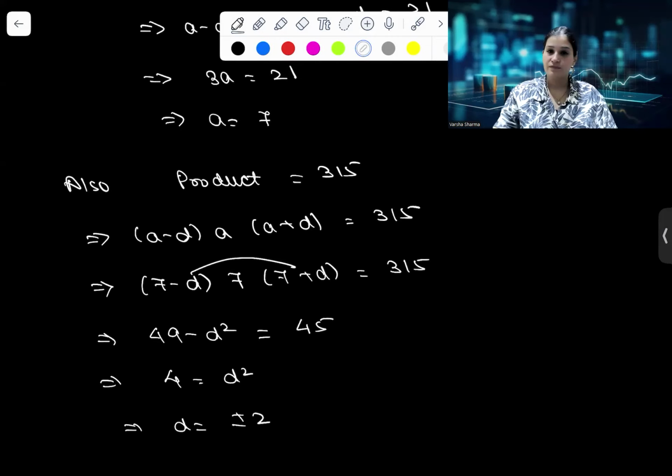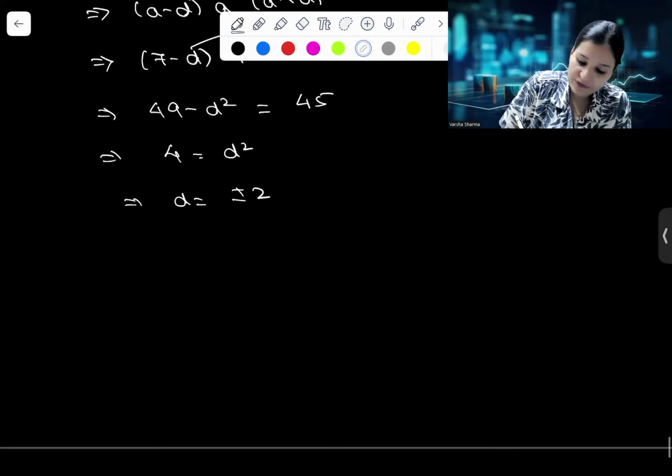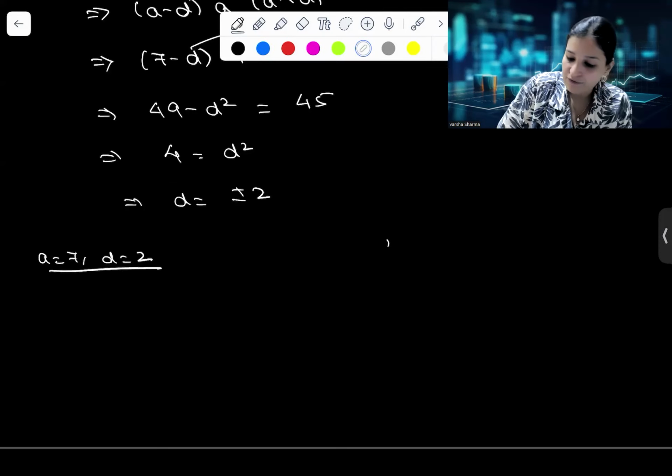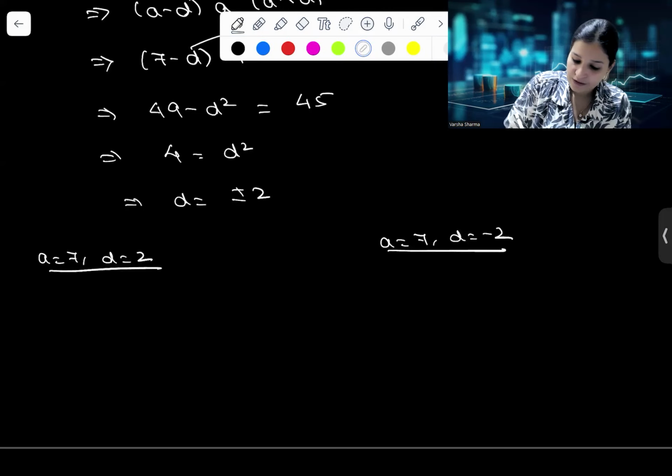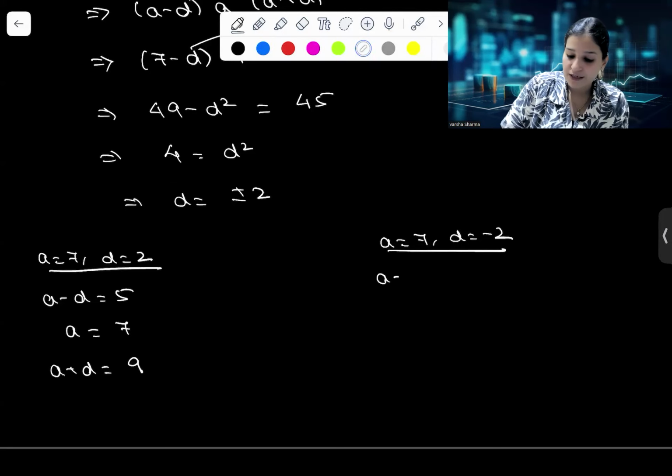Any doubt? No, ma'am. Now, using both of them, we need to find the AP. A is 7, D is 2, and once A is 7, D is minus 2. A minus D is 5, A plus D is 9. With D minus 2, A minus D is 7 minus of minus 2, 9, and A plus D is 5.